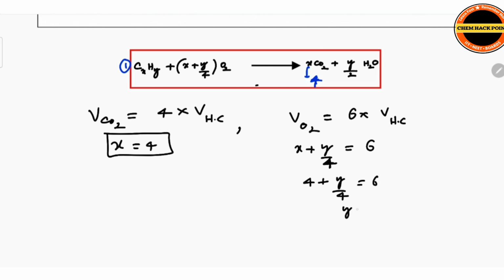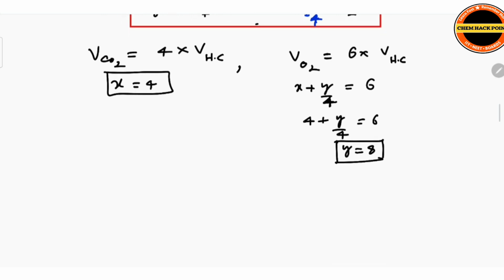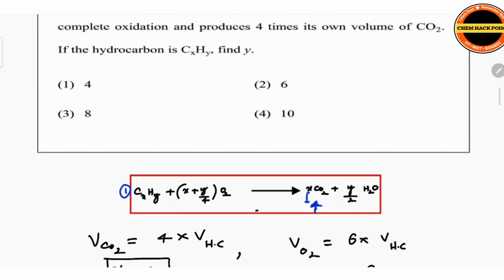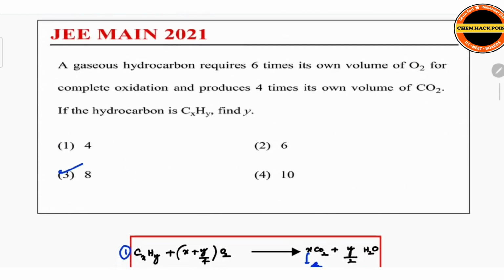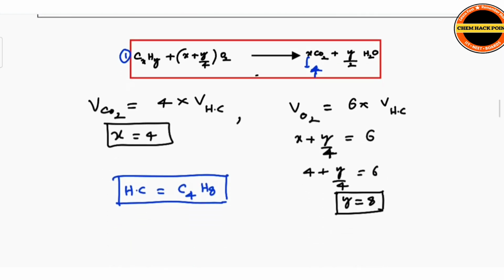Here you will get y is equal to 8 in total. So x is 4, y is 8. Hence the hydrocarbon should be C4H8. C4H8 is the final formula of the hydrocarbon. Hence see, what is the answer? Option 3 is correct. See, within 2 steps. Whatever lengthy question it is, within 2 steps you can get the answer by using simple tricks.